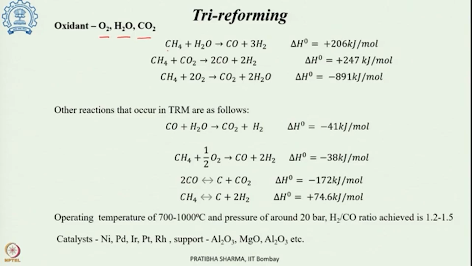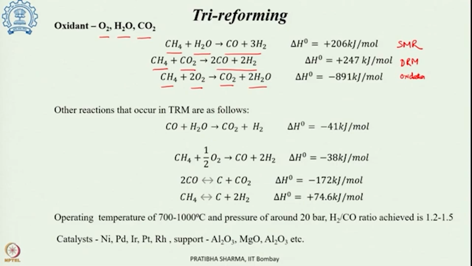So methane, if it is the feedstock, can undergo steam methane reforming producing syngas, can undergo dry reforming reacting with carbon dioxide to produce syngas, or it can undergo an oxidation reaction to produce carbon dioxide and steam. So these are the major reactions occurring in the tri-reforming.